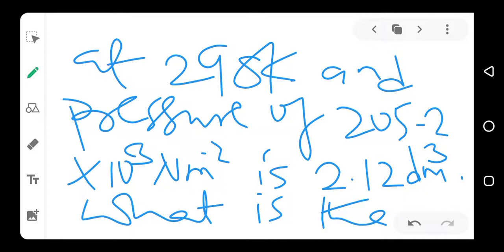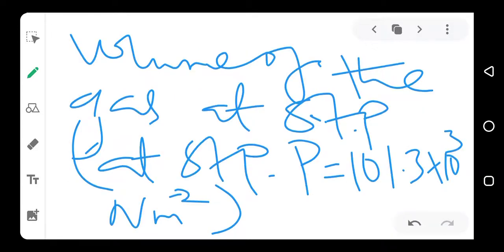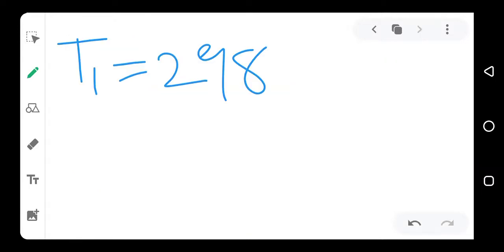This is the volume. And what is the volume of the gas at STP? Now the first temperature given to us is 298 Kelvin, no need of conversion.